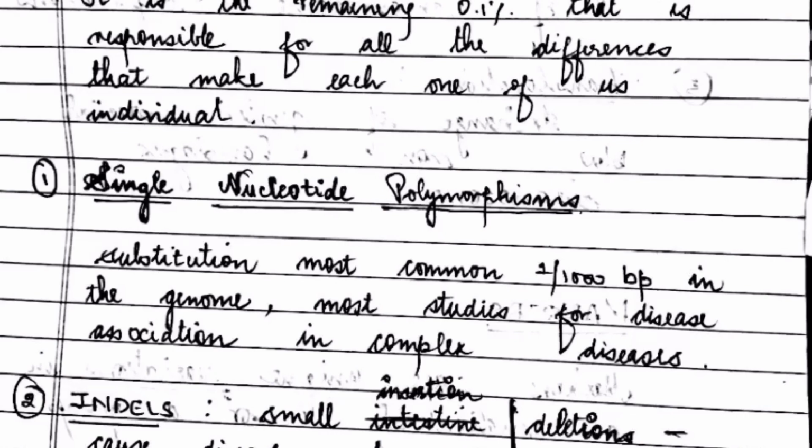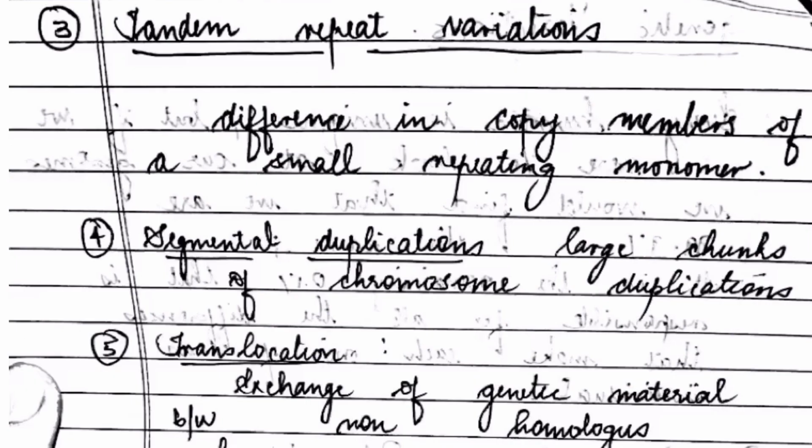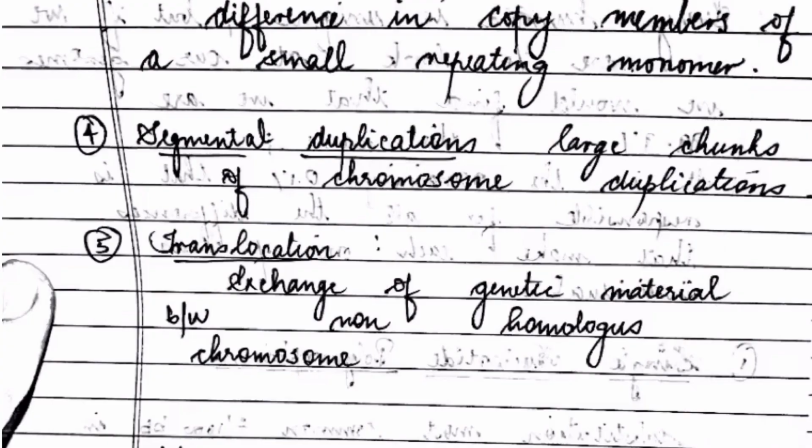The genetic variation can be of different types, like single nucleotide polymorphism, which is used for studying disease association in complex disease; indels, that is small insertions or deletions that cause disease in coding regions due to a change in the reading frame. Next are tandem repeat variation, segmental duplications and translocations.